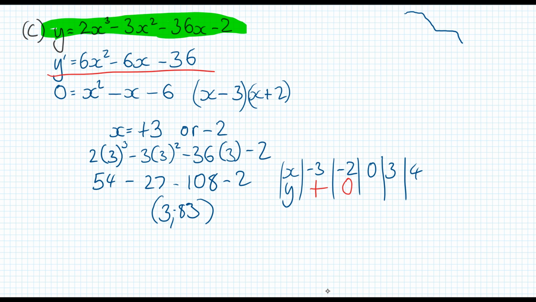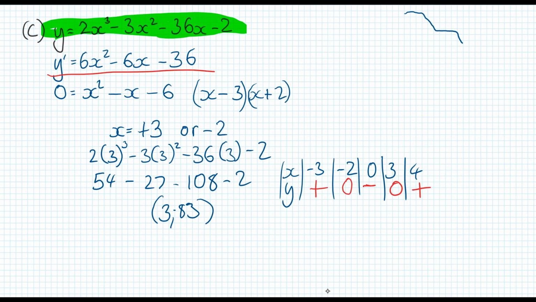Then we've got 0, which should give me a negative value. Then we've got 3, which should also be 0. And then we've got 4, which I'm thinking will give me a positive value. Okay, so 4 squared is 16 times 6. Yep, that's definitely going to be positive.